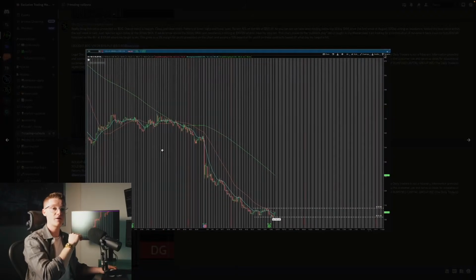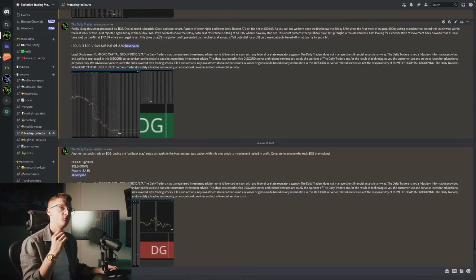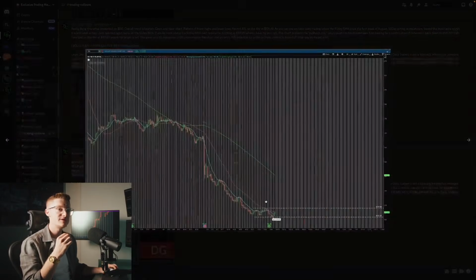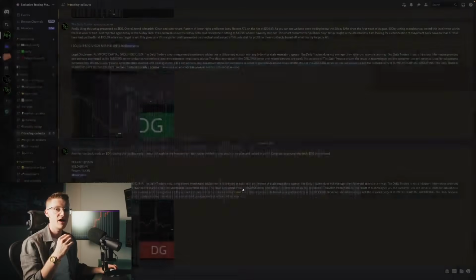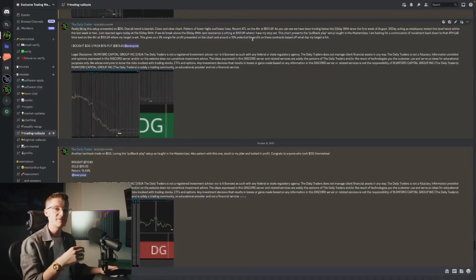And if we did break above that 107.89 area, if we broke above resistance, that is where I would be wrong. But you can see we did have a couple tests of that level, so I was even more sure that it would hold. So we had about a 3% margin for profit presented on the chart itself. And then when it came to this position that I was entering, there was a 15% potential for profit behind the option contracts which I purchased.